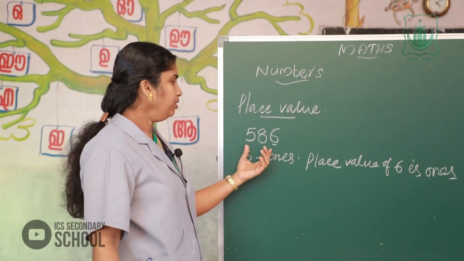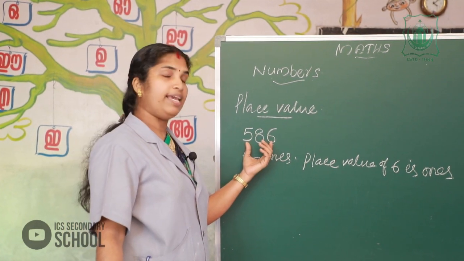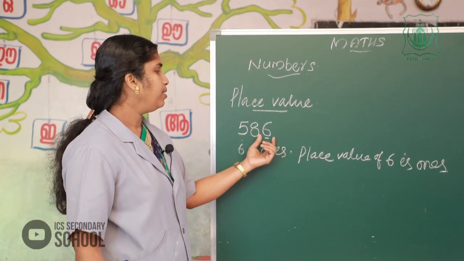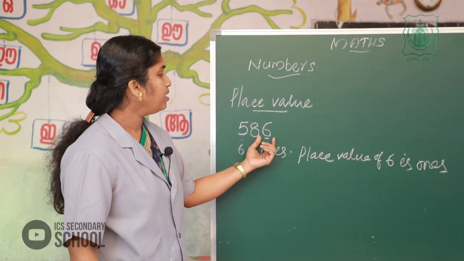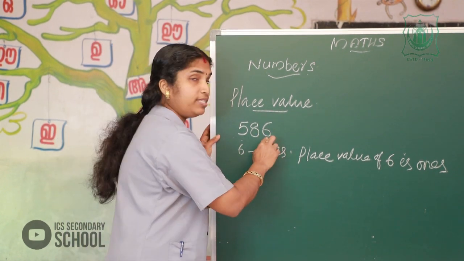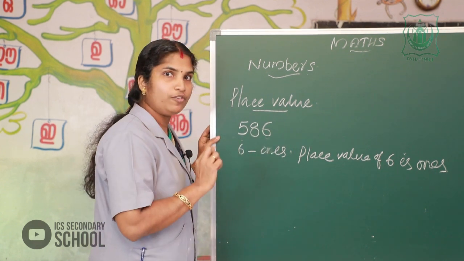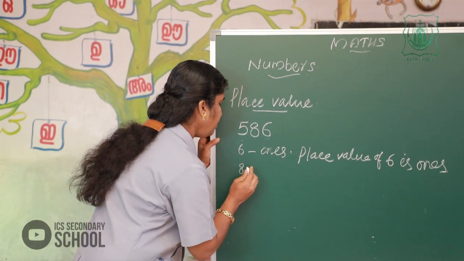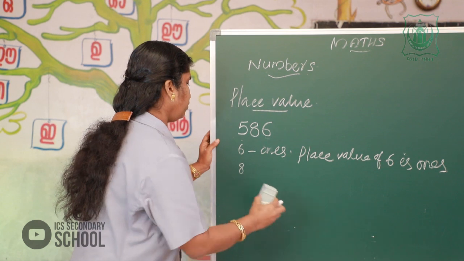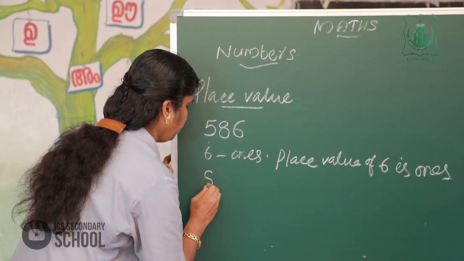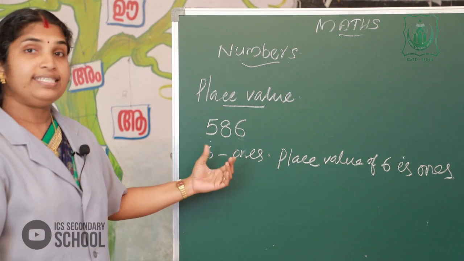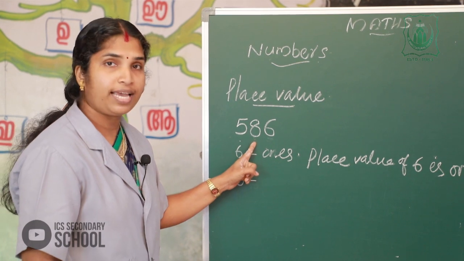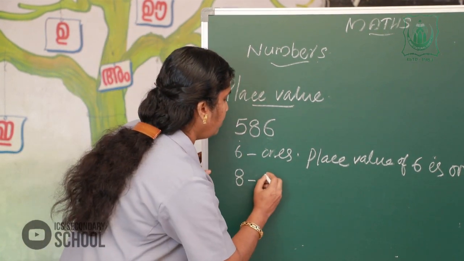Here the number is 586, the place value of 6 is ones. The position of 6 is ones. Next is the 8. Which place is 8 in? Eight is in the tens place.